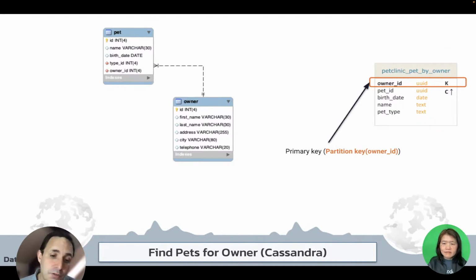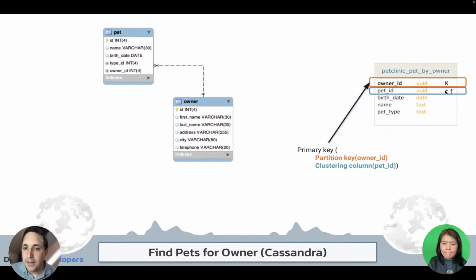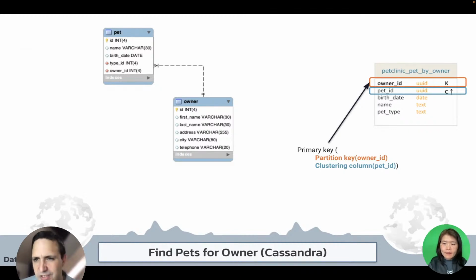And then to ensure the unicity, we need a second column, here pet ID. And the primary key will have both the owner ID and the pet ID. The pet ID is called a clustering column, and it will be used to sort, but you cannot really sort a UUID, right? It will here be used only for unicity.